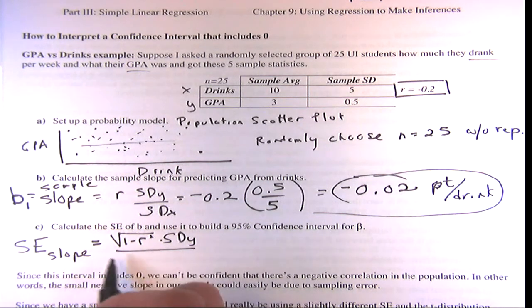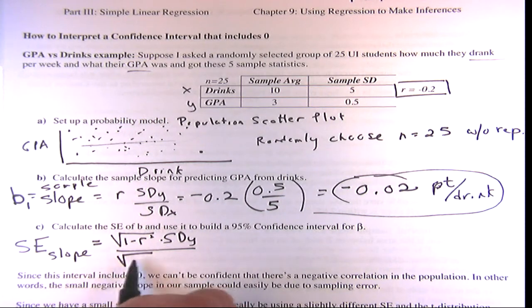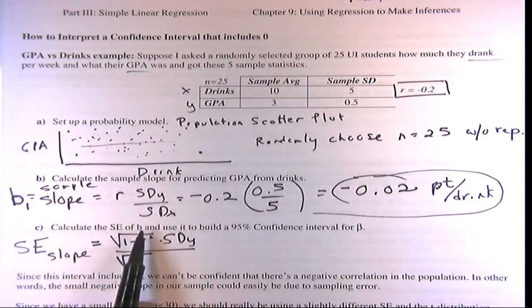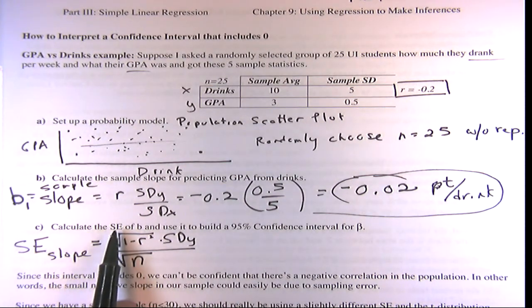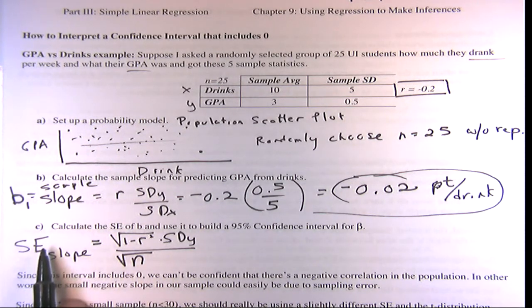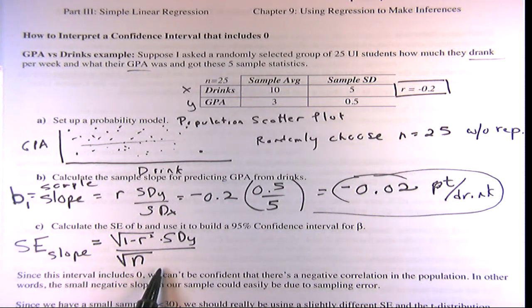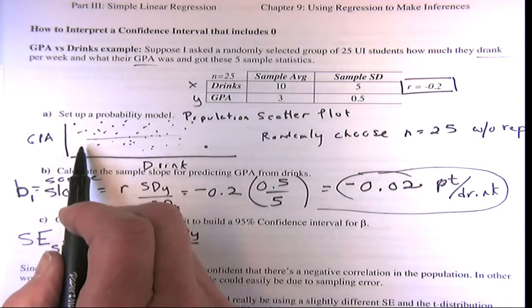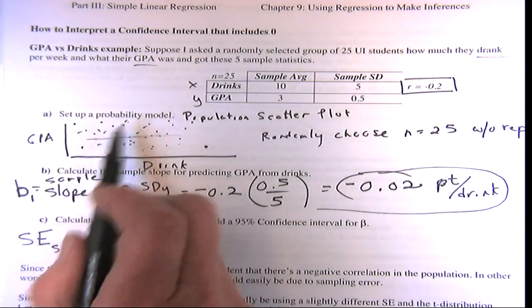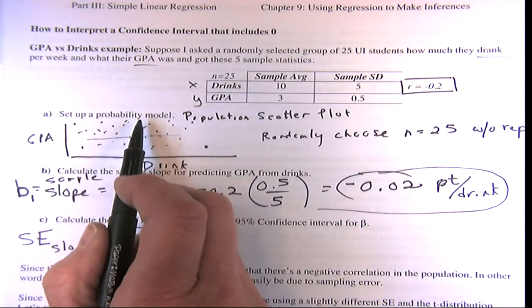And then divided by the square root of n. So this is like our usual standard error formulas, the standard deviation divided by root n. And the root n makes sense because the bigger the sample, the smaller the sampling error, the smaller the variation. If we just take a few points, like this point and that point, just by accident, we could get a positive correlation.